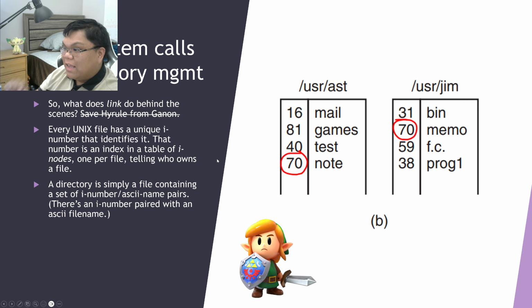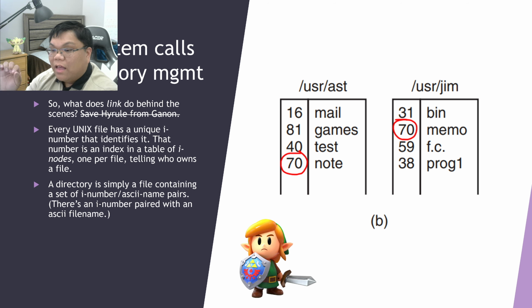What happens is this. Every Unix file has a unique i-number, an identification number. That number is an index in a table of inodes, one per file, telling who owns a file. A directory is simply a file that contains i-numbers, and for each i-number, there is an ASCII name.